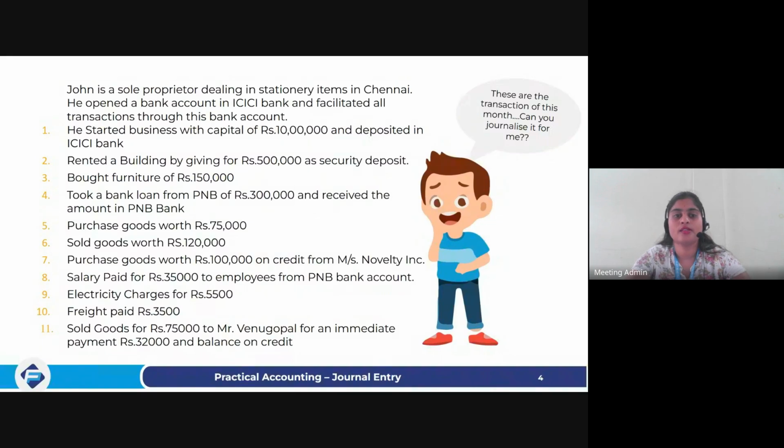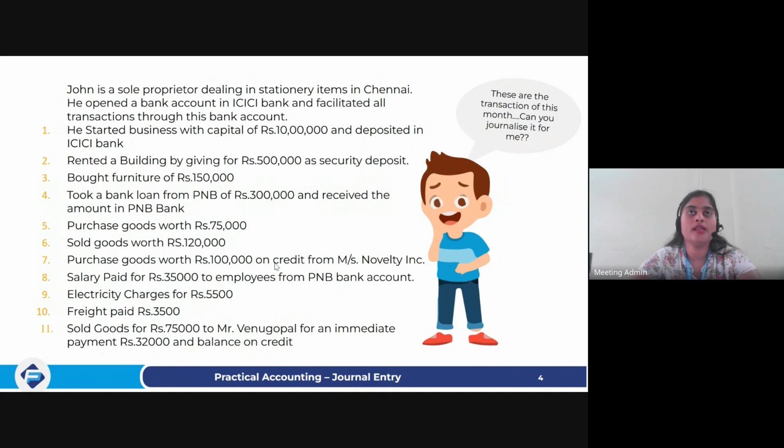Yes. So sold goods worth rupees 1,20,000. It means the transaction will be ICICI bank account debit to sales account. The amount you put for the debit as well as credit, since the debit side and the credit side should always be equal, you have to maintain that. And purchase goods worth rupees 1 lakh on credit from Mr. Novelty Inc. They have particularly mentioned credit.